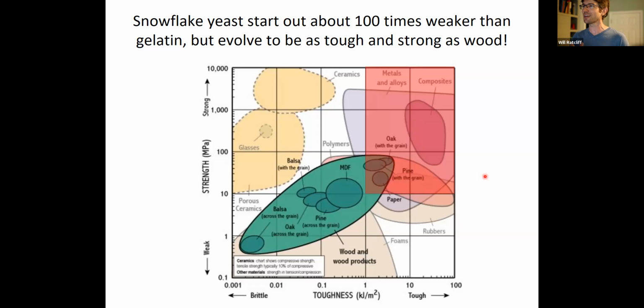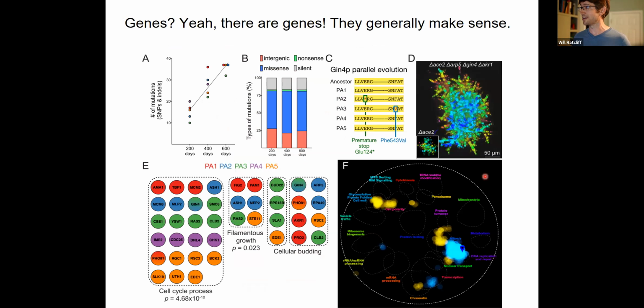It was 100 times weaker than gelatin, to macroscopic snowflake yeast, which are as tough and strong as wood. They're actually a very strong and tough material. For me, this is one of these, like, I can't believe we can do this. This is super cool. It was neat to see how much material adaptation, right? The materials properties of the organism could evolve in just 3,000 generations.